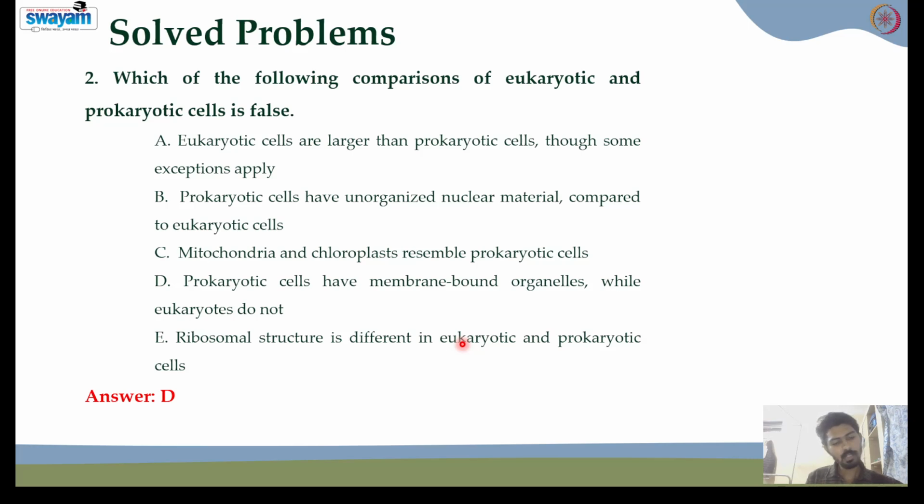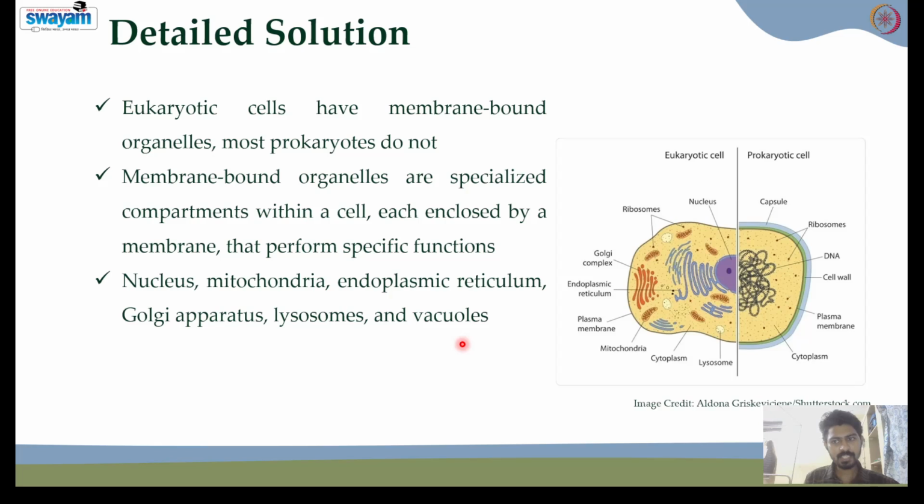So if you see all these options, yes, the prokaryotics do not have well membrane bound organelles. Whereas the eukaryotic have a well developed nucleus, mitochondria, endoplasmic reticulum, Golgi apparatus, lysosomes, and vacuoles. As we see in the picture also, they have well developed membrane bound organelles, whereas prokaryotes do not have. So the option is D.